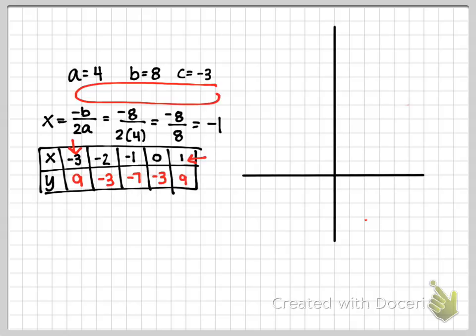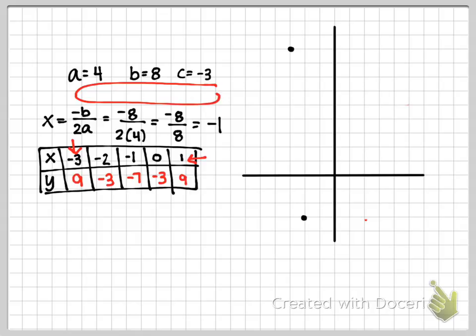Okay, so our first point is going to be at -3, +9. So I go to the left 3 and up 9. And my point's going to be right there. Then I have -2, -3. So I go over -2 and I'm going to go down 3.